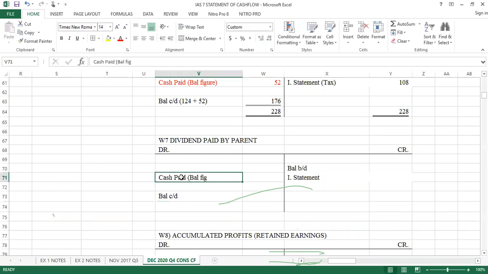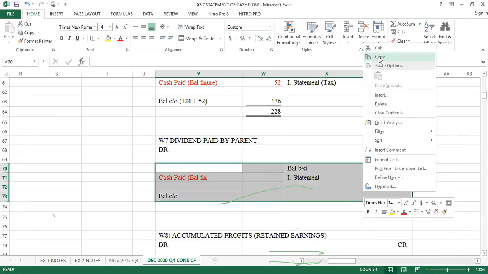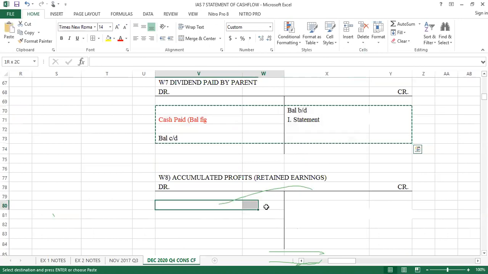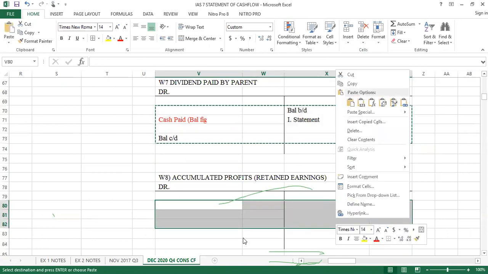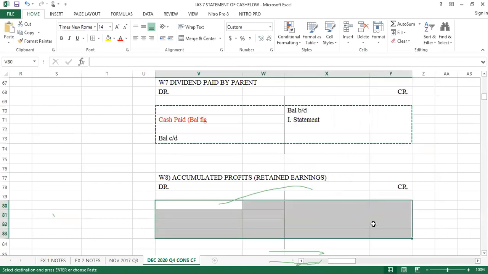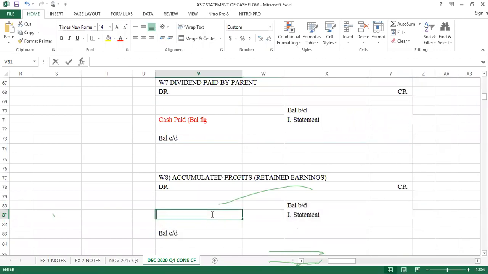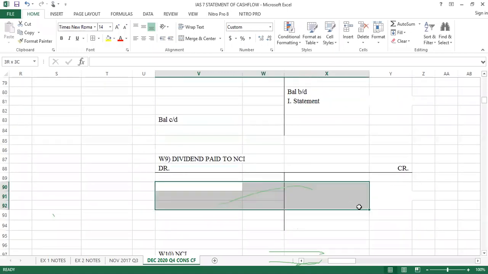I'll copy that and paste it there. But that will not be cash paid.